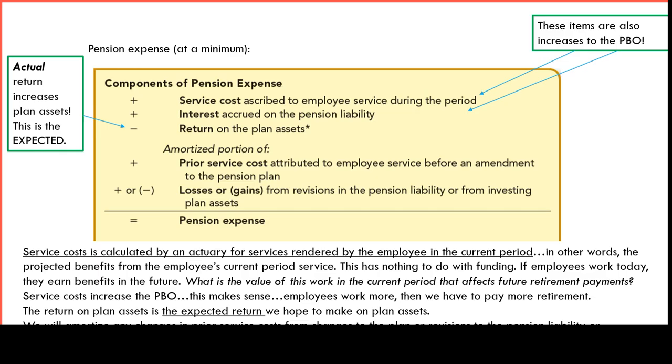Now, pension expense, to talk about the components which go into pension expense. The way I look at pension expense is it is an income statement item. And when we look at this income statement item, we are going to put, of course, the interest cost, which is interest accrued on the pension liability.